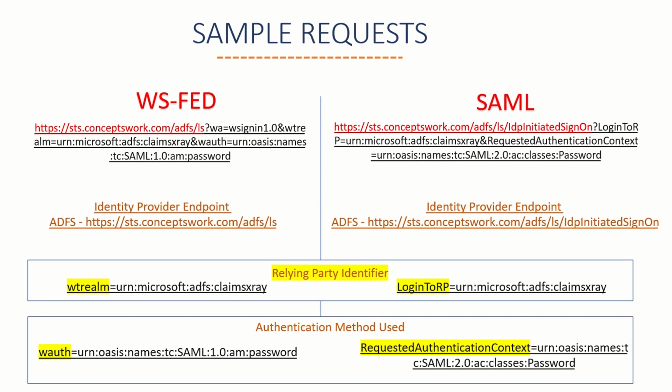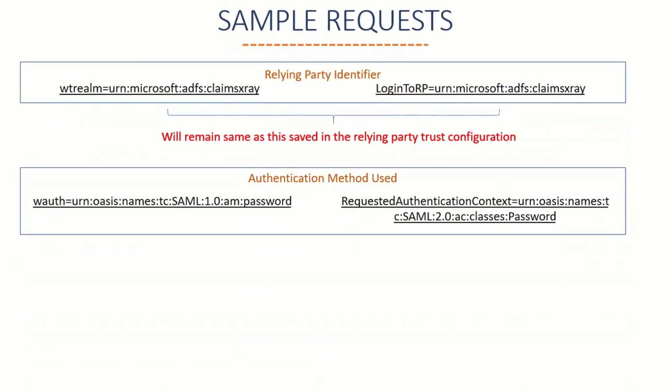Now, if we compare these four parameters, the value of wtrealm and loginToRP will always remain the same because this is the identifier of your relying party. Here I'm taking the example of ADFS. So if you go to the relying party trust and go to the identifier tab, you'll find a value. It doesn't matter which application is using what kind of protocol, this is the value which will remain the same. It's just the header value or the parameter name that will change.